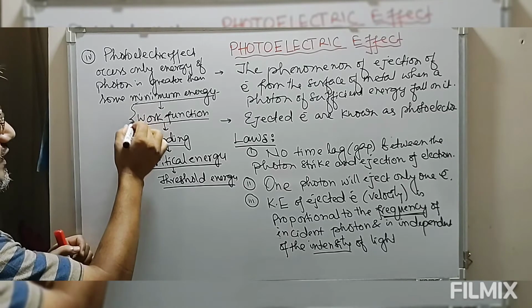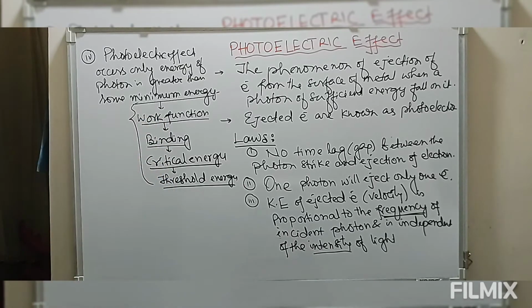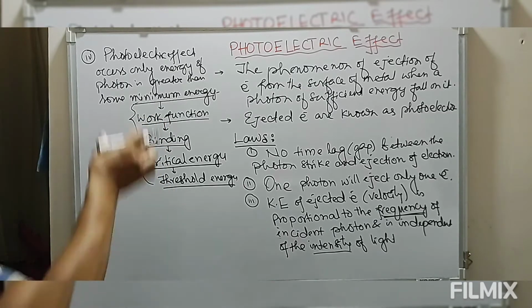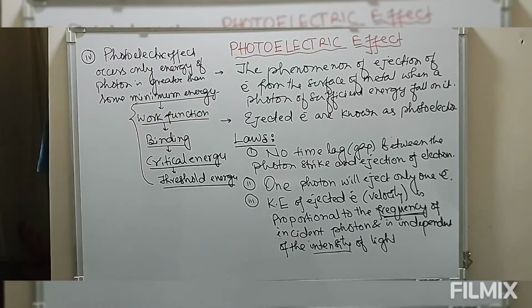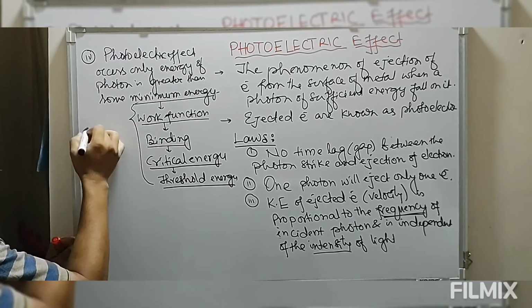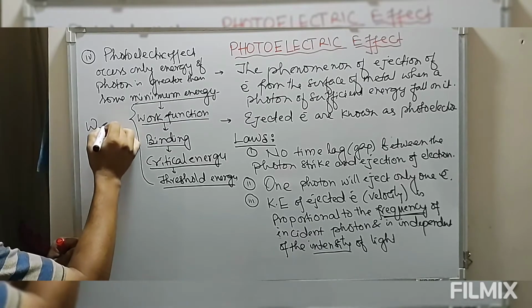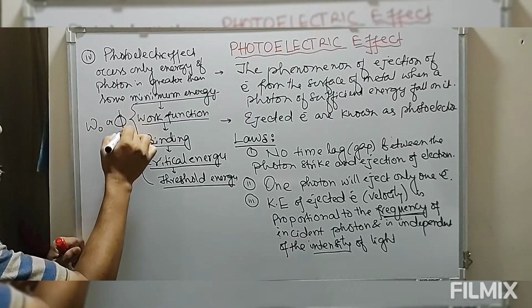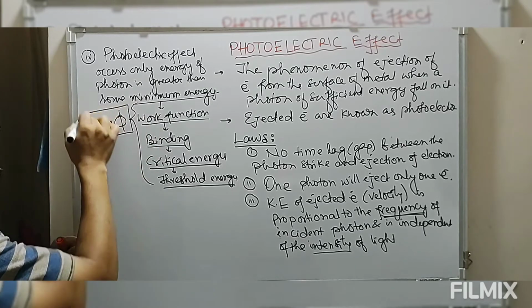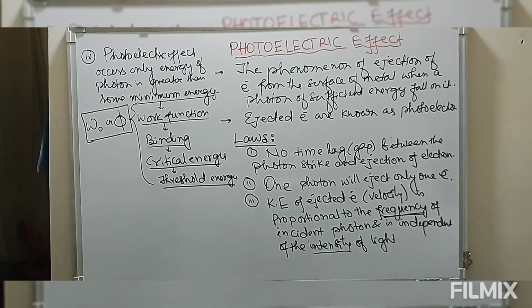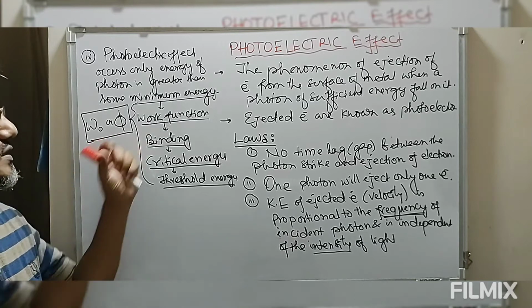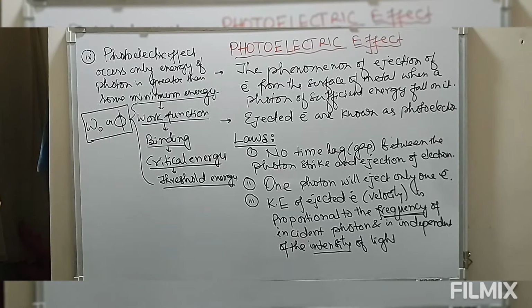So for the photoelectric effect, the energy of the striking photon should be greater than this energy, and we denote this by W0, or sometimes by phi. So this W0 or phi defines the minimum energy required for this ejection. Now look at this.